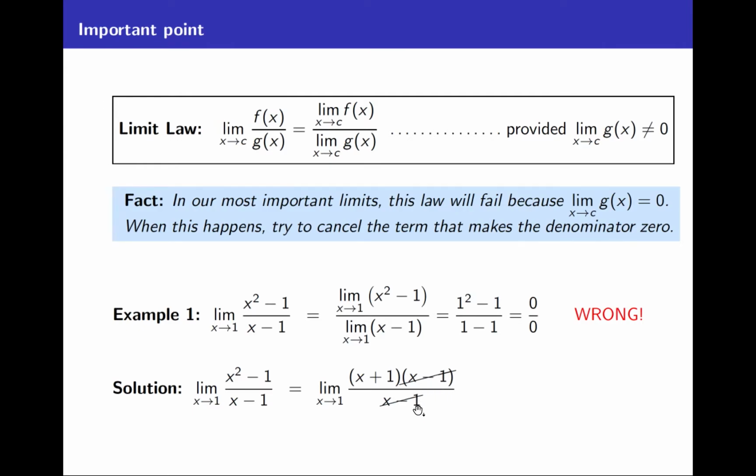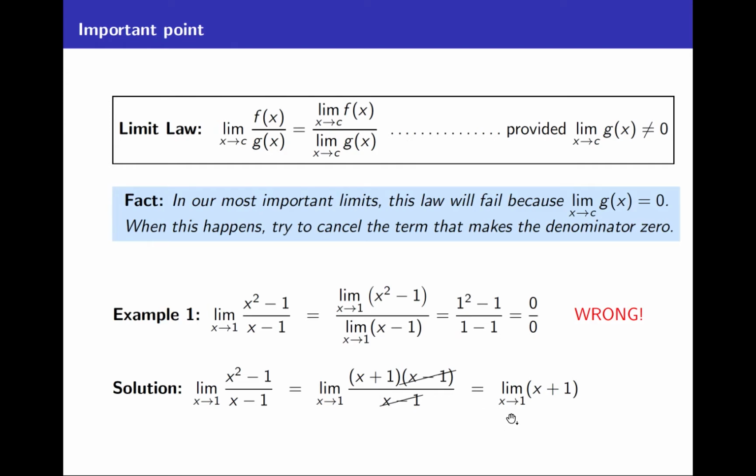This cancellation happens provided that x is not equal to 1, as we discussed earlier. But x is approaching 1. It's not equal to 1. It's just getting closer and closer to 1. So these two terms are not 0 over 0. It's a quantity divided by itself, which is 1. So we're just multiplying x plus 1 times 1. And we get a cancellation.